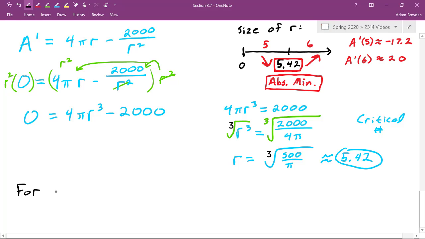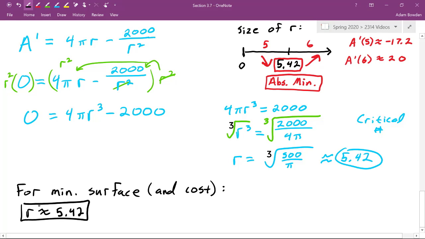So the answer for minimum surface area and thus cost: we use r is approximately 5.42. And then for h, we have a formula up above that we had solved for.